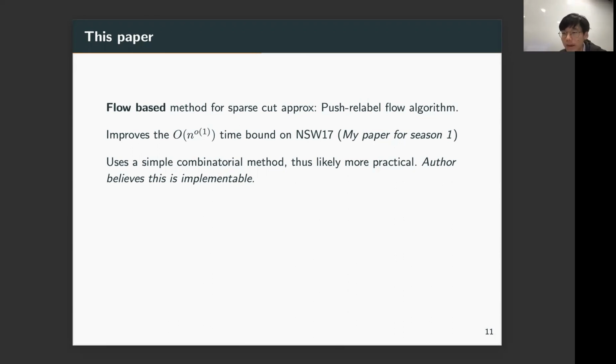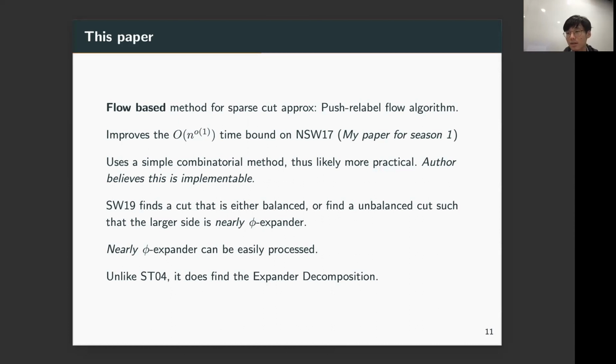I think you don't know because I just skipped all of them, but when you take a look at my lecture notes, it is prohibitively tedious. Anyway, this is much simpler, and it also improves the time bound. But it is not deterministic; it is a randomized algorithm. It also looks slightly practical, and I believe it is implementable. Maybe, I don't know, but somebody maybe can.